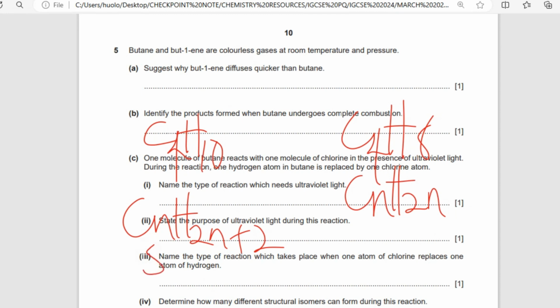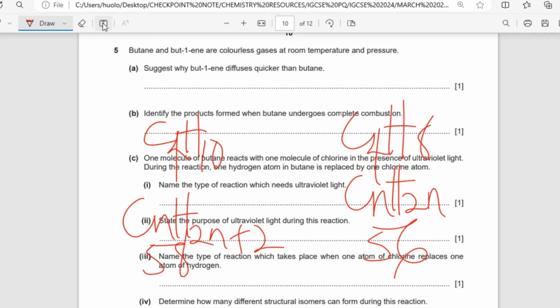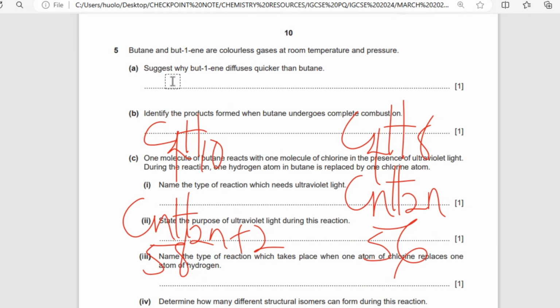The mass of this one is 58, while this one is going to be 56. So your answer is simple. We can easily tell that the mass suggests why one has higher mass than the other. That's what you're writing. So you say butane has higher mass than butanone.